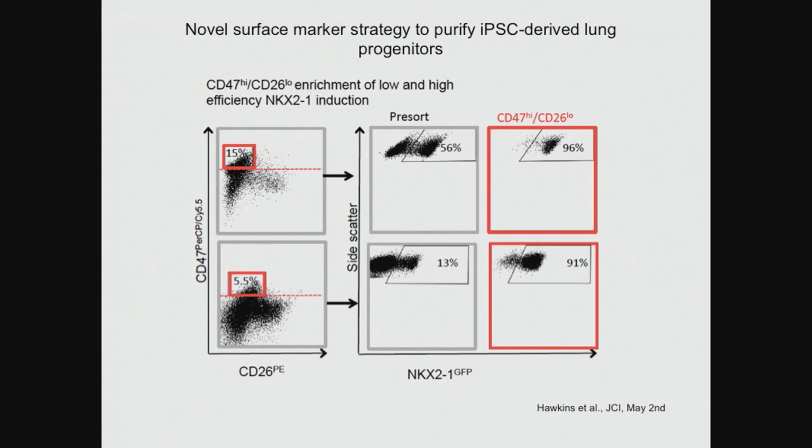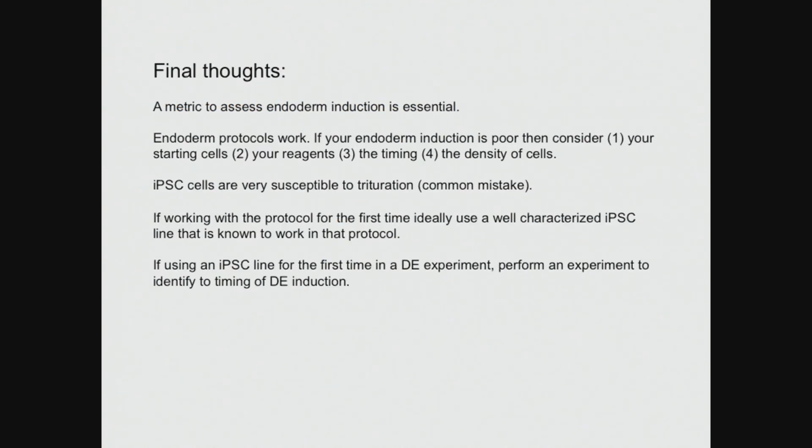If you applied these surface markers, CD47 and CD26, and you sort out the cells that are high for CD47 and don't express CD26, this population here, you can get a highly enriched, not totally pure, but much more enriched population. So that hopefully will help.